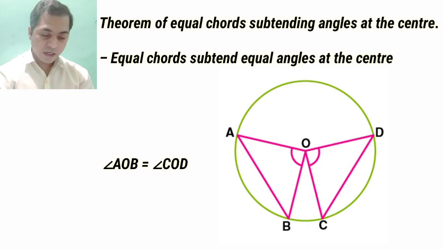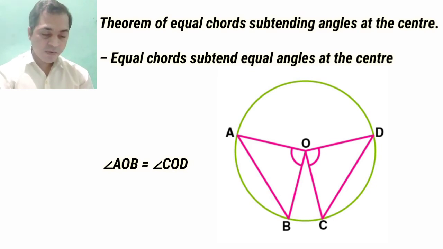So students, in the given diagram there are two chords, AB and CD, and they subtend angles at the center O. The angles AOB and COD will be equal, right students? In this way chords AB and CD make equal angles at the center.